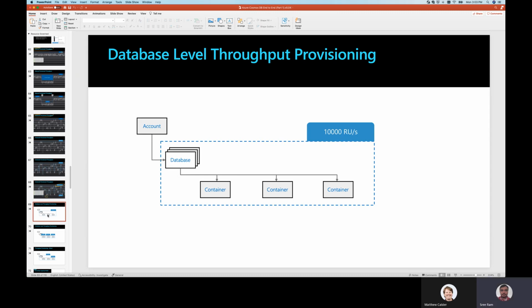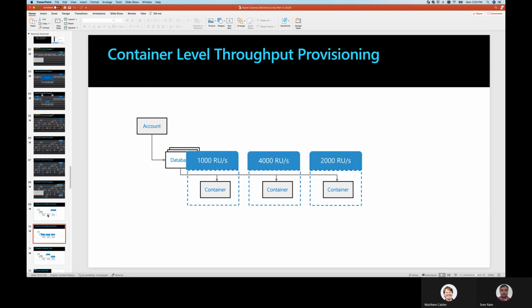As we mentioned before, database level throughput provisioning. Let's say you provision 10,000 RUs at a database level. And then let's say there are 3 containers. Here, those RUs are being shared like so, depending upon how much is needed at that time.